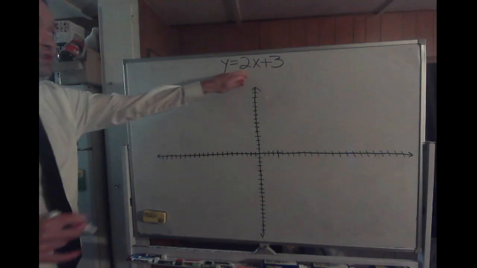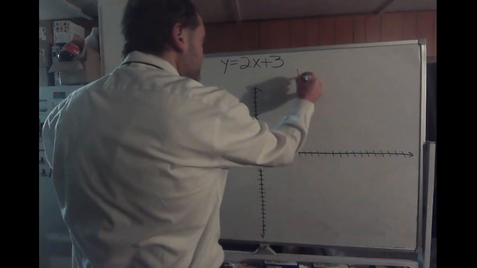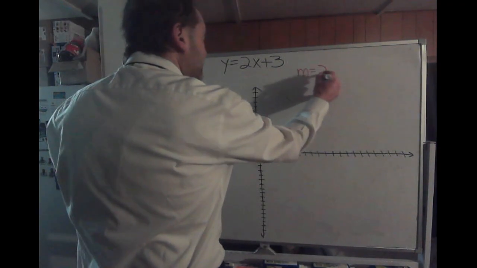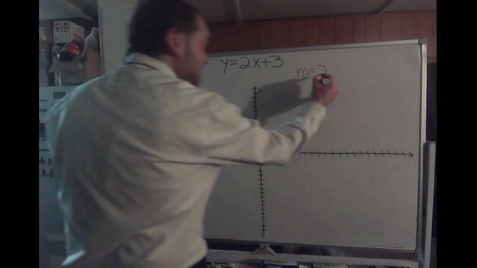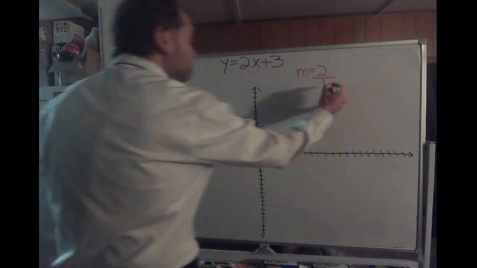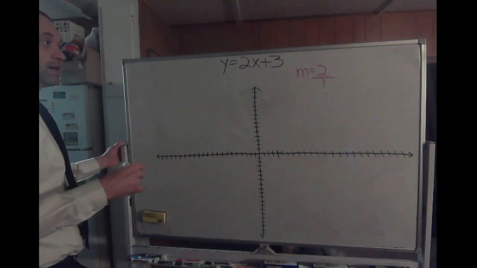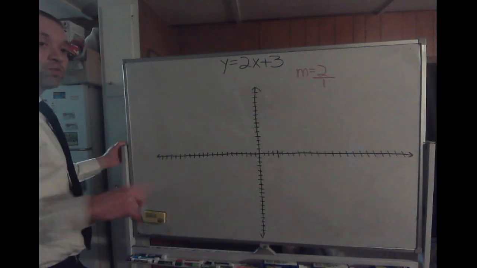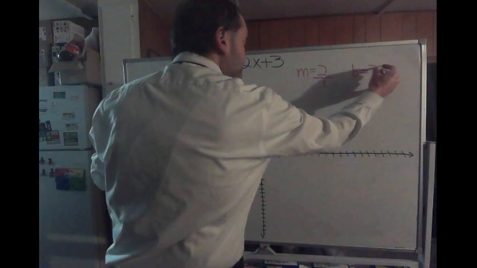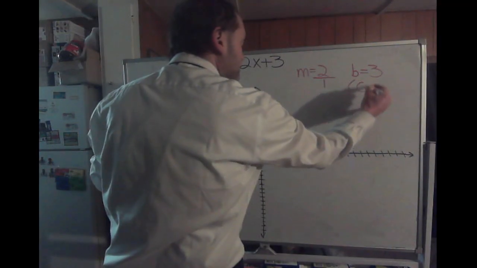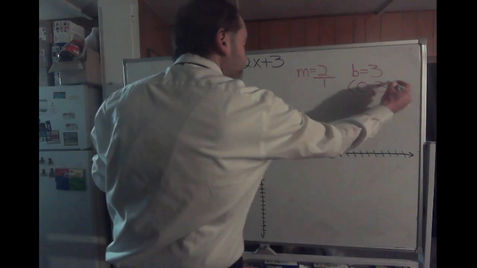It's the coefficient of the x term. Your slope is equal to 2. And as I said, if you get a whole number for your slope, put a denominator of 1, because it's going to help you find your second point. Then what is your y-intercept? It's that positive 3. b equals 3, so your y-intercept is at 0, 3.